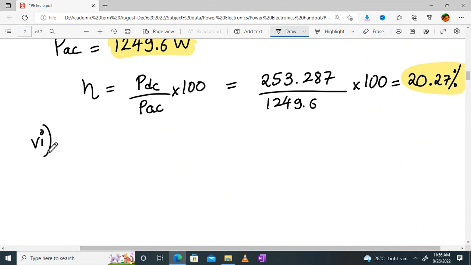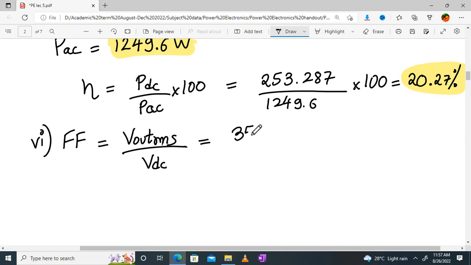Next, this is a 10 marks numerical. Next is form factor. Form factor, what is the formula? P out RMS divided by, yesterday only we wrote, upon VDC. We have both the values, right? Just plug in. P out RMS is 35.35.